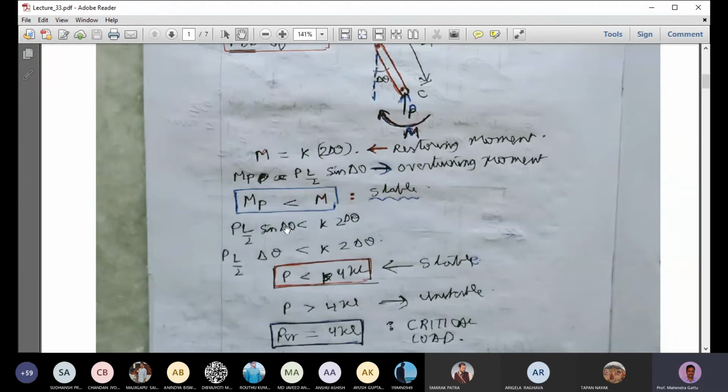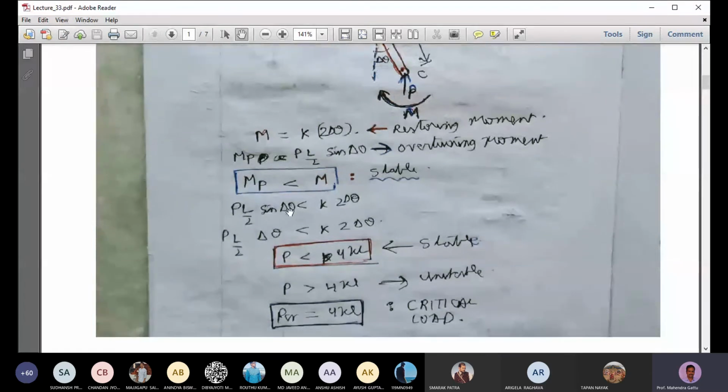So P into L by 2 sine delta theta is less than K into 2 delta theta. We are looking at very small deflections, so instead of sine delta theta, we can approximate it to be small delta theta. So P into L by 2 delta theta is less than K into 2 delta theta. So we get the value P should be less than 4K by L. As long as the applied load P is less than this value, the system will be stable.